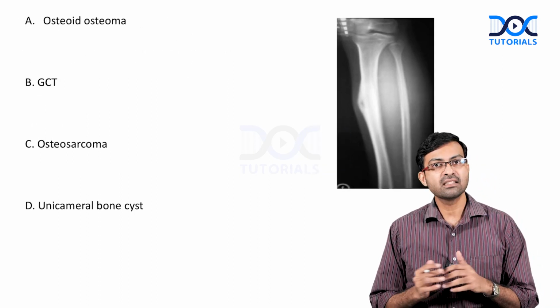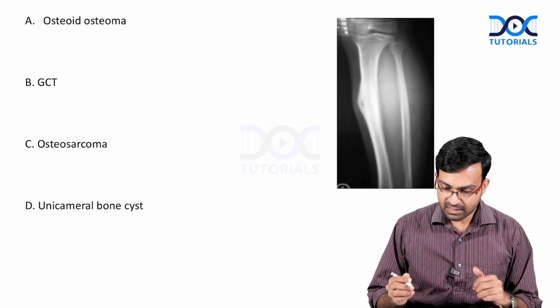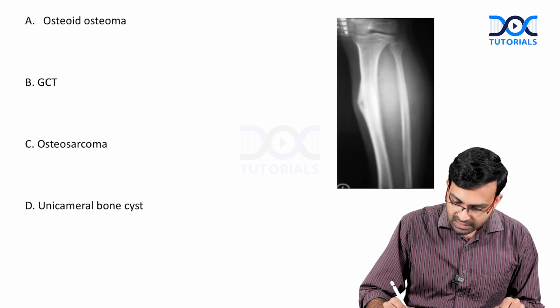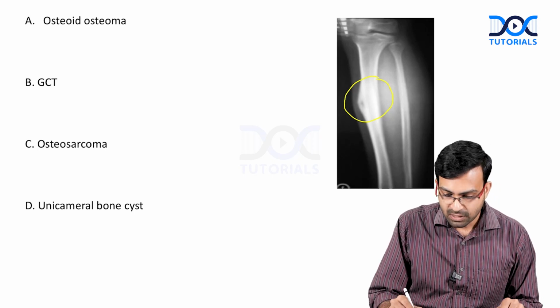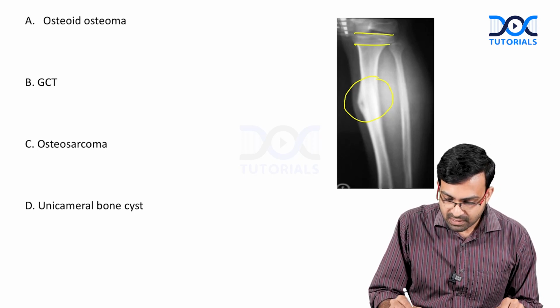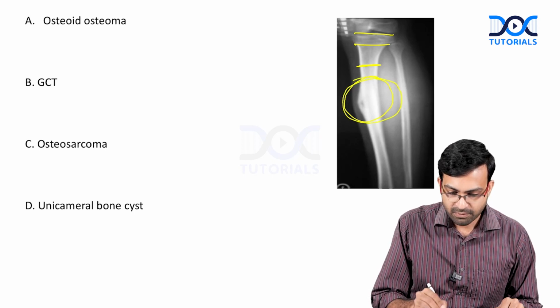So let's discuss this X-ray. What is the diagnosis here? If you look at this X-ray, you can clearly see that there is a lesion, and the lesion is in the diaphysis, isn't it? So this much area is the epiphysis, this is the metaphysis, and the lesion is clearly in the diaphysis.